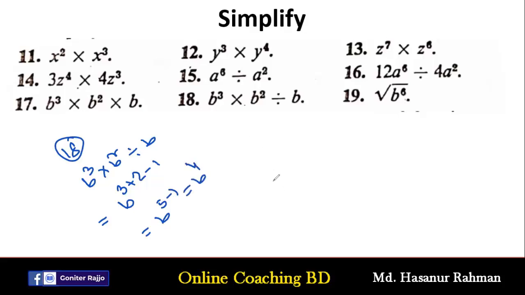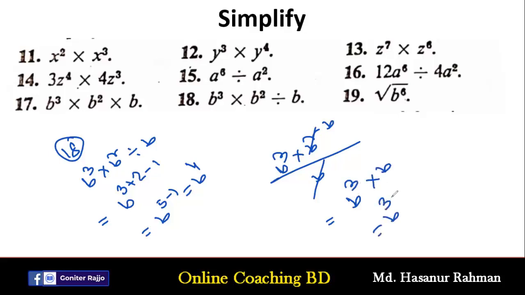And we can solve it in another way. Look at this, b cube multiplied by b square divided by b. If we divide b square by b, it will be b. So b cube multiplied by b will be b to the power 3 plus 1, that is b to the power 4. Simple. Now number 19.